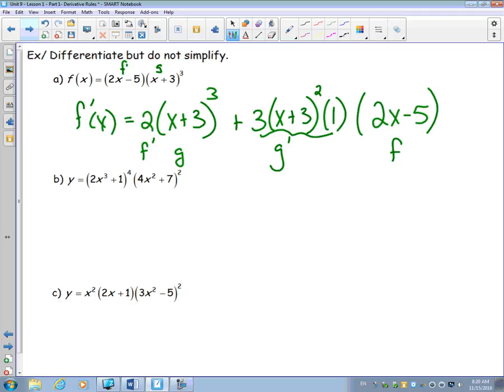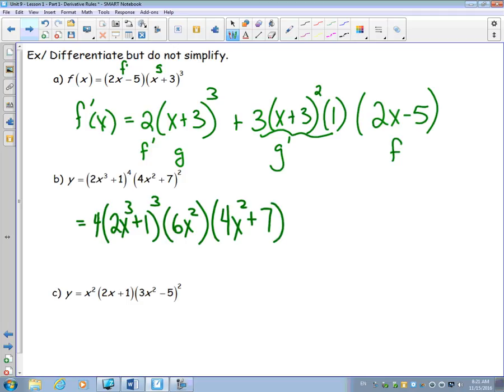Let's try the second one. And the 4 is going to come down in front, times 2x cubed plus 1 to the 3, times the derivative of the inside piece, okay, times the derivative of the whole second piece. So lots of parts and pieces to keep track of. Think of all this as being your f prime, or this is f, times g.